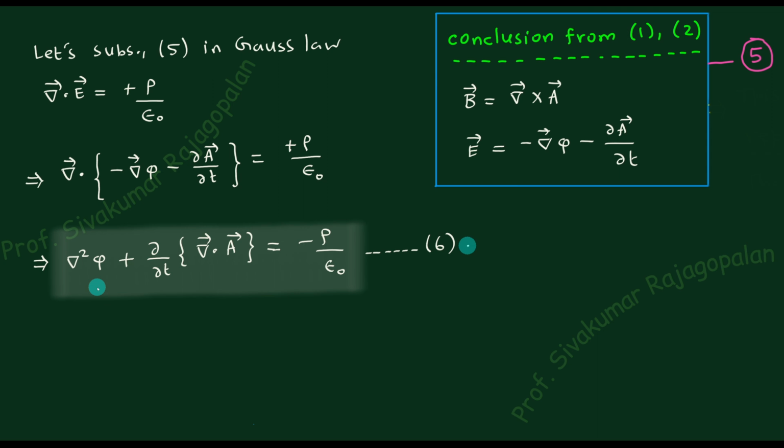But interestingly, there is a freedom given by the potential, and therefore you have the opportunity of making the divergence of A equal to 0. You have that option. Nothing goes wrong by setting divergence of A equal to 0. When you set this to 0, you get del square phi equal to rho by epsilon naught, which is nothing but the Poisson equation, isn't it?